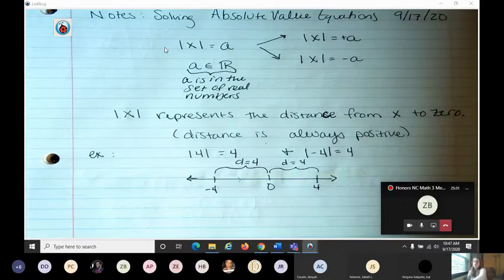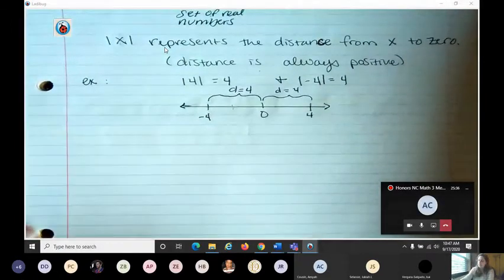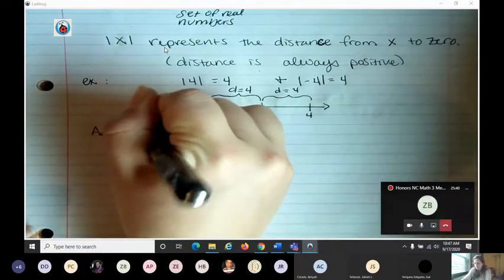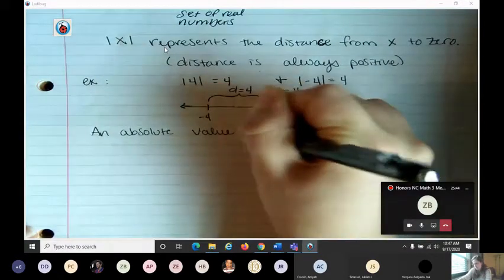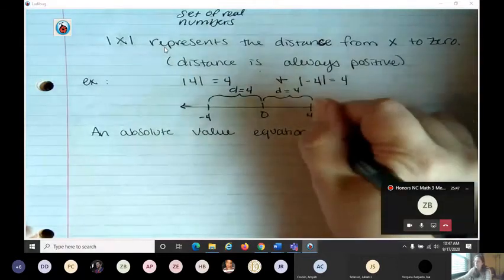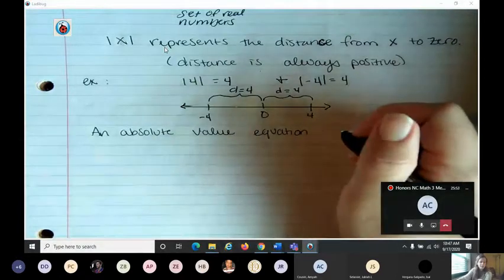Okay, so we know that an absolute value equation, we can recognize an absolute value equation because it has the absolute value bars in it.